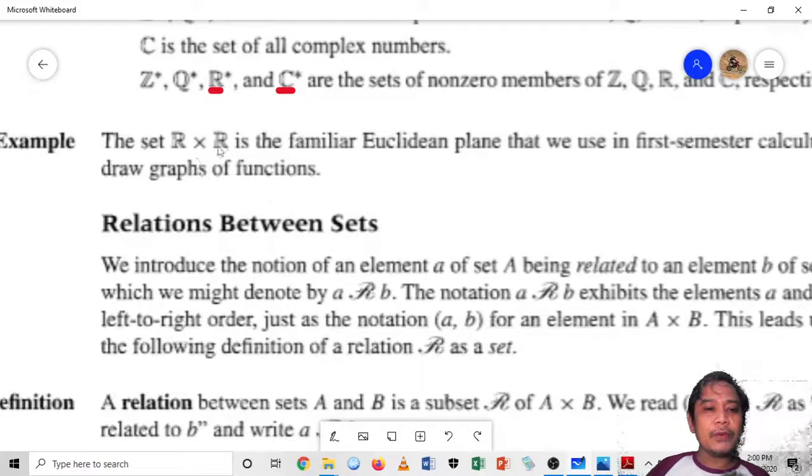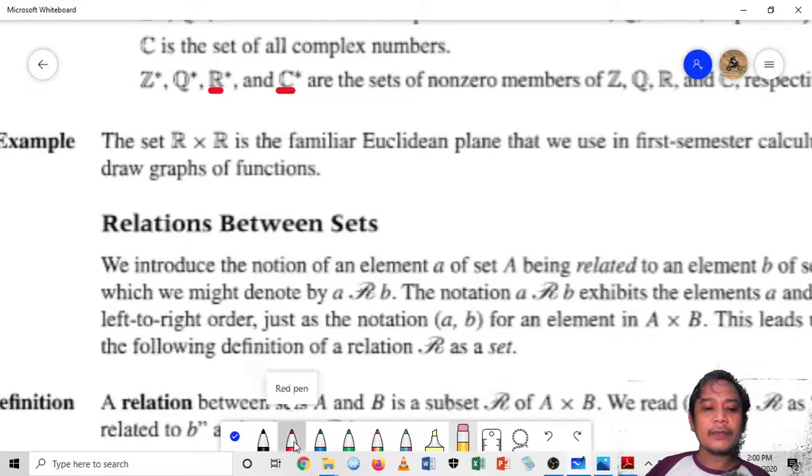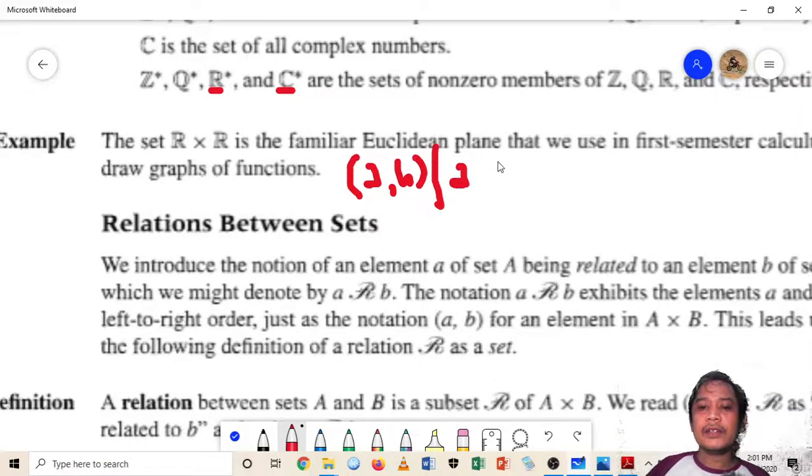If we are to take the cross product R cross R, it would be ordered pairs A, B, wherein A is a real number and B is also a real number.